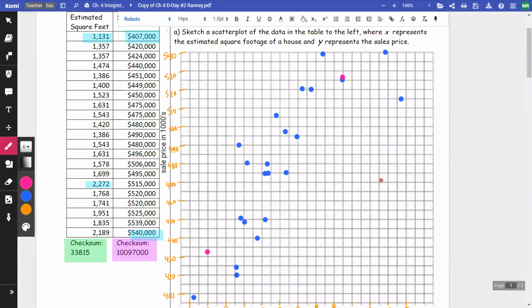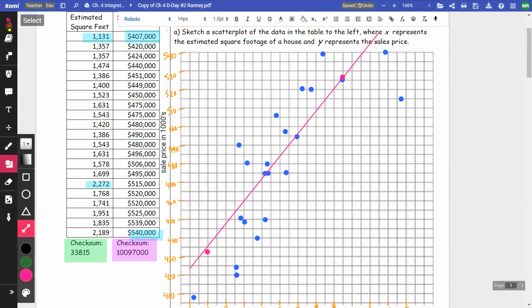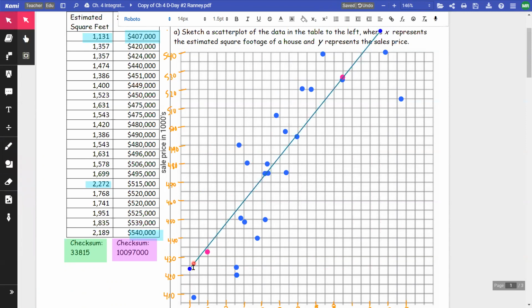So now I'm going to draw my line. I'm going to get my line tool and draw my line through those points. I'm going to adjust it slightly. That's okay.